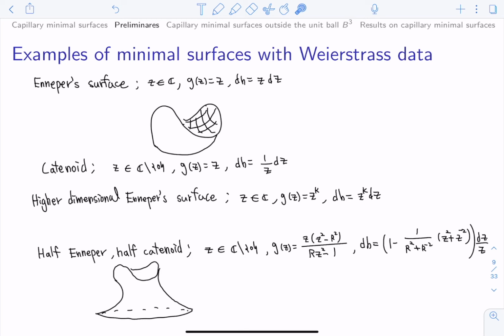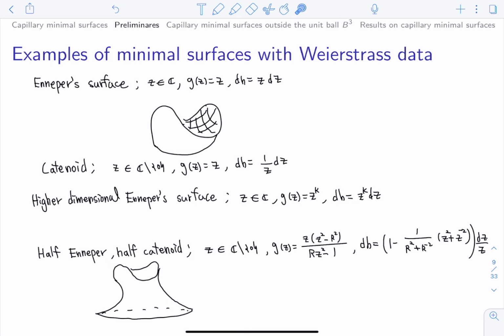Here are some of the examples. The simplest example would be the Enneper surface. It is defined on a simply connected domain, and g(z) and dh are given as follows. And there is the catenoid also, and it is defined as follows.